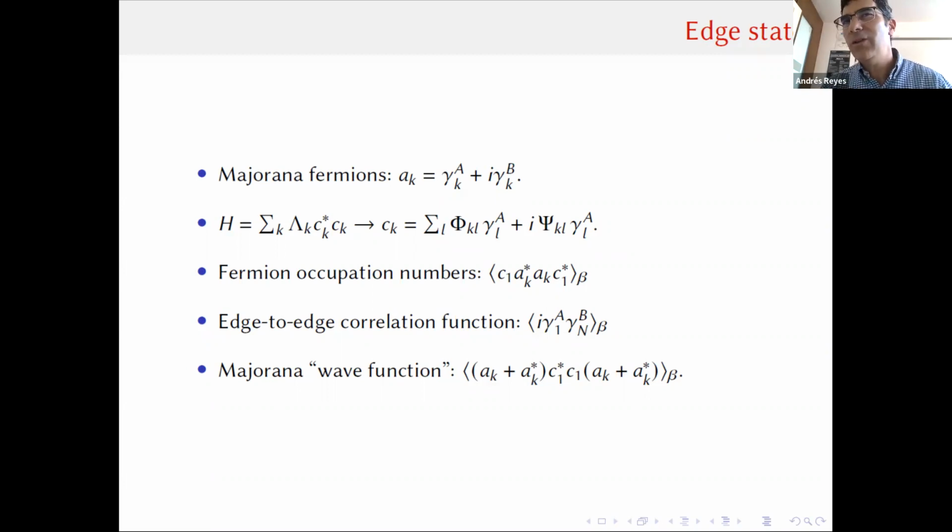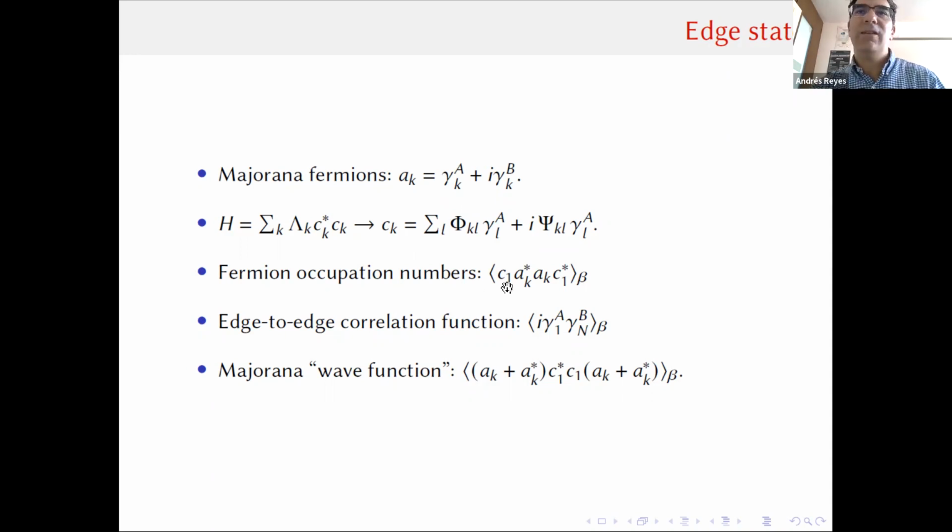Since this work has been done numerically, I am right now considering finite systems. So the coefficients of the Bogoliubov transformation will be given here by matrices phi and psi. If I go to the thermodynamic limit and go back to the self-dual approach, these phi and psi coefficients would become operators, and they will be pieces from which I can construct this unitary I was calling the Bogoliubov transformation.